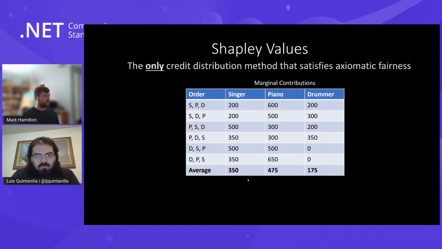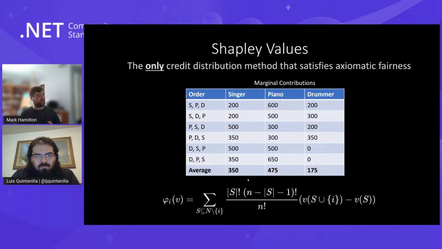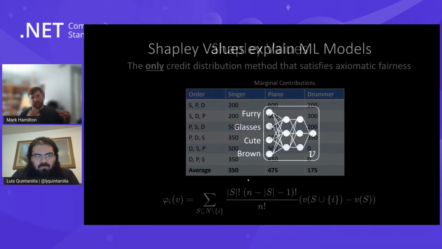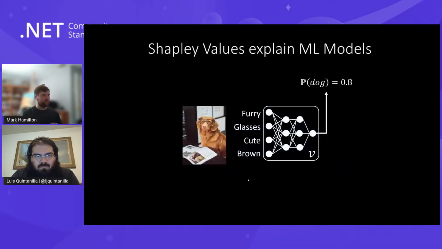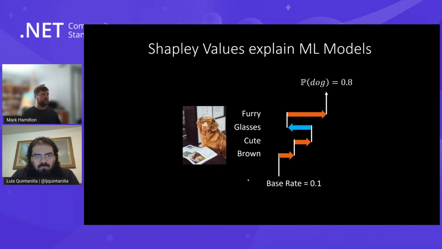And this particular value is really nice because in the context of jazz bands, it tells you a nice way to pay your players. But in the context of machine learning models, it tells you how to take your output probability and split it up amongst the input features in the only way that satisfies axiomatic fairness.